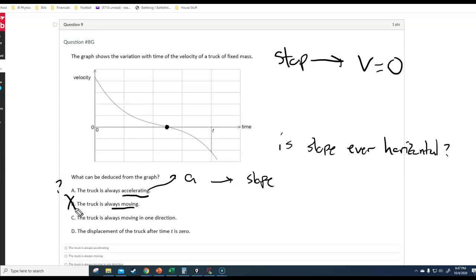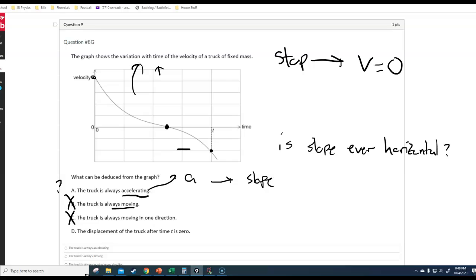So B is out, because right at this time right here, it stops moving. C says the truck is always moving in one direction. Well, between this point and this point, it has a positive velocity, meaning it's moving in the positive direction. And from here to here, it's moving in the negative direction. So, no, it's not always moving in one direction.